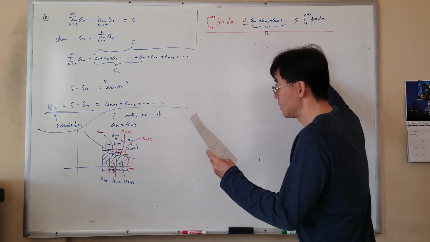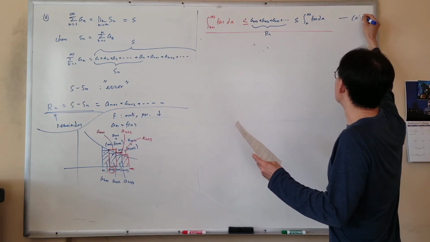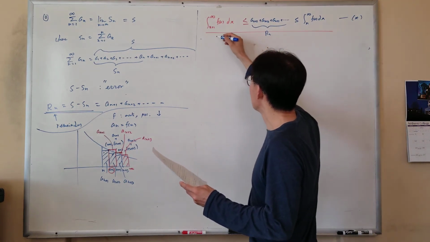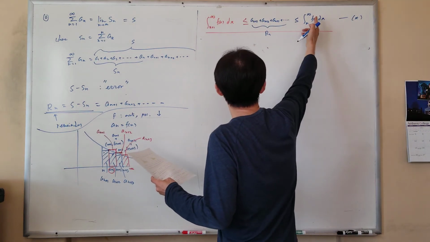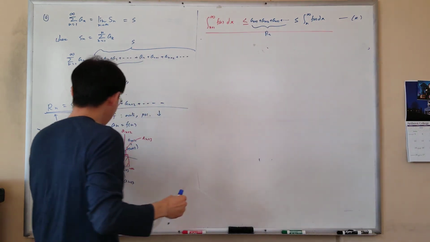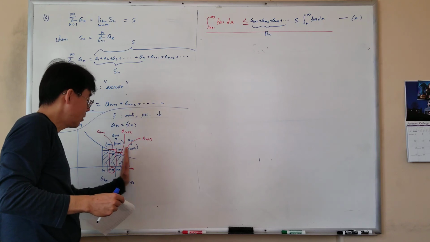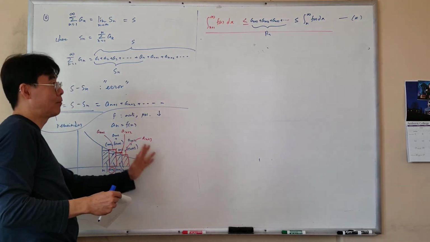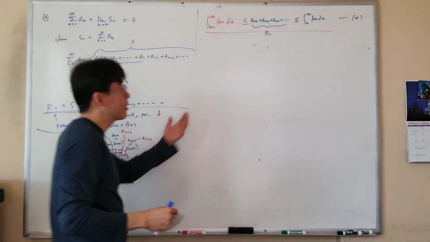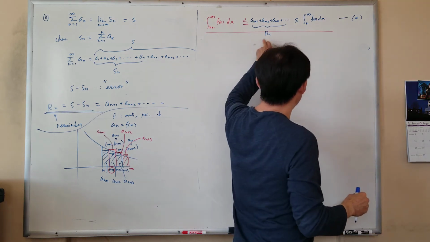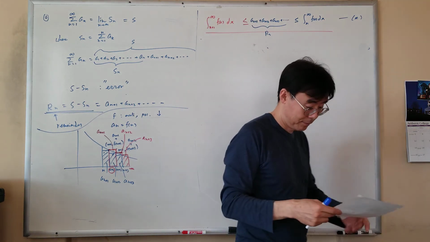Alright? This is what I started with. Your remainder is between these. Now think about it. This one is starting from n to forever, and this from n+1 to forever. Obviously n to forever covers more area. That's why it's larger. R_n is in between.